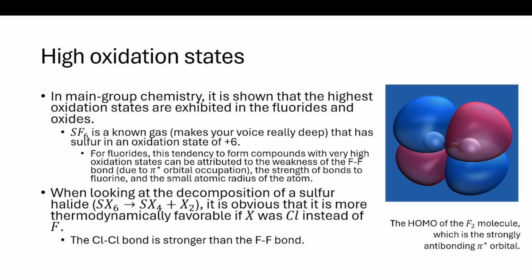Now, in addition to pi antibonding orbital occupation, bonds to fluorine are also very strong because fluorine is highly electronegative. And in addition, fluorine is small compared to the other halogens.